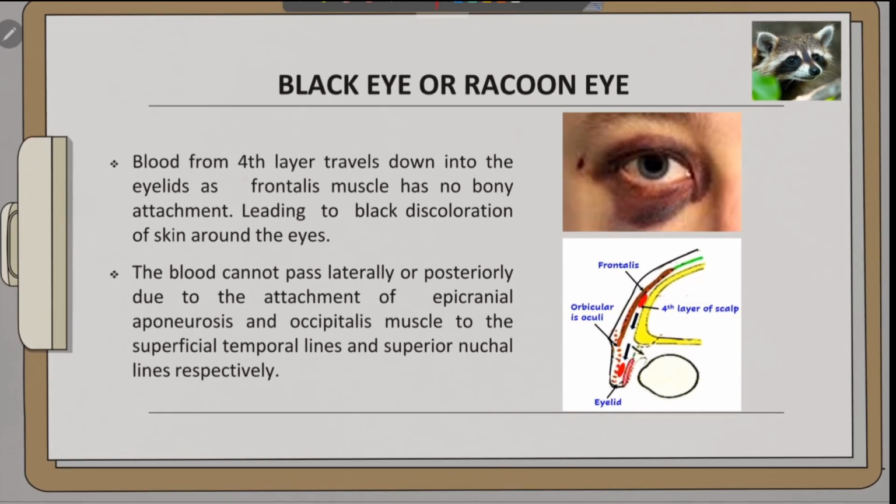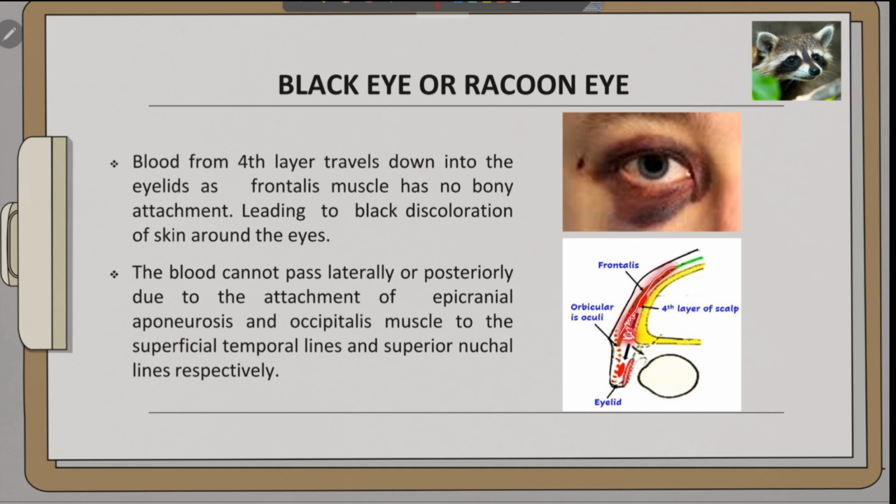So in this fourth layer, if there is any collection of blood due to injury, this blood travels down into the eyelid. You can see in the fourth layer, the blood can travel down to the eyelid because there is no bony attachment of this fourth layer.